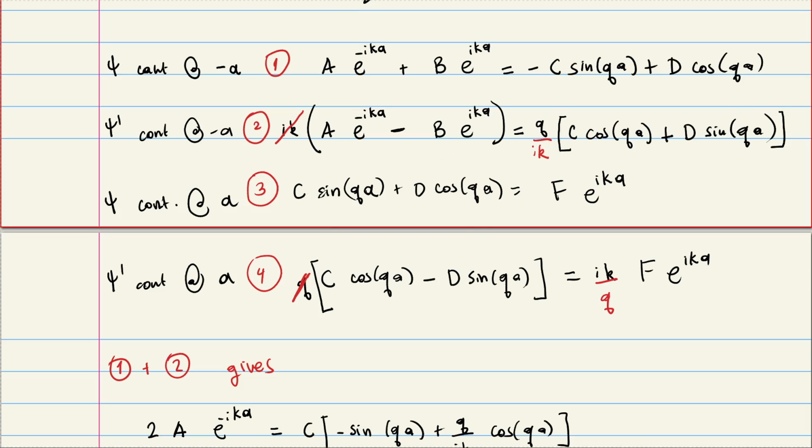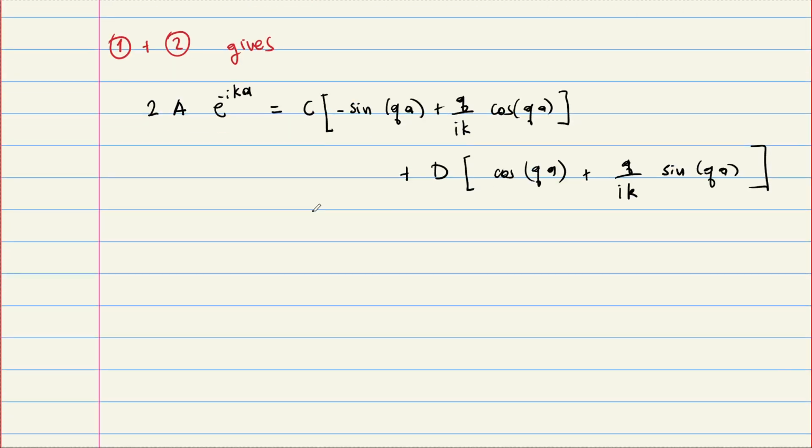If I multiply this equation with sine, multiply this one with cosine and sum, I have something for c. Right? That's what I'm going to do. I'll do sine qa times 3 plus cosine qa times 4. Now this is what I'm doing, and let's see what this gives.